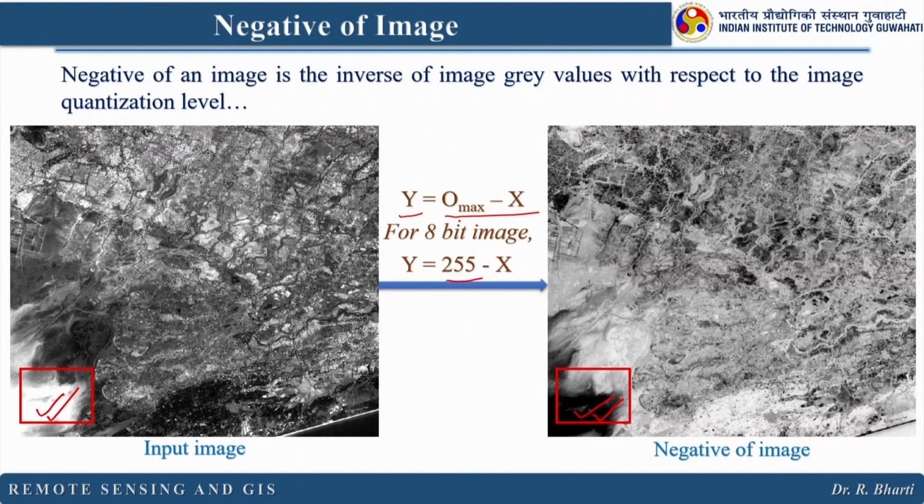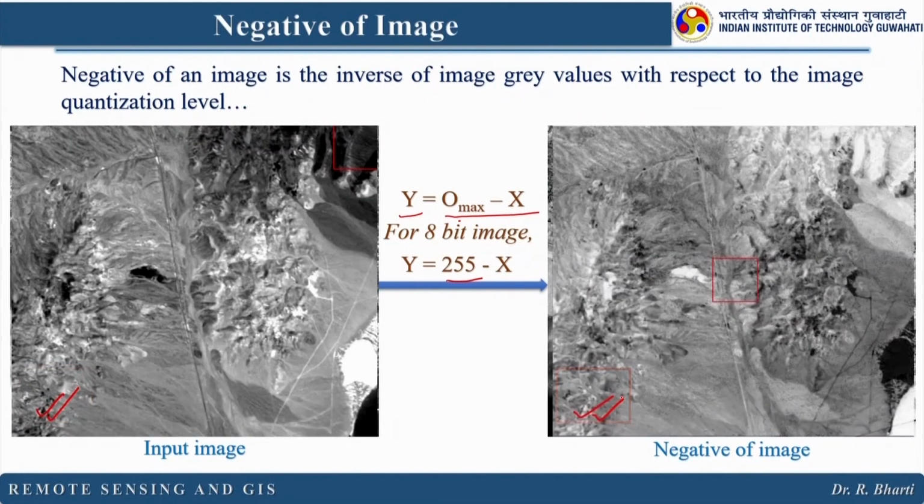So that gives you the negative of the image, right? Not inverted, negative of the image. Inverted is something like flipped. This is another example where you can see the difference. Here you can see this particular area and this particular area, this and this, it is just negative of each other with respect to the highest quantization value.